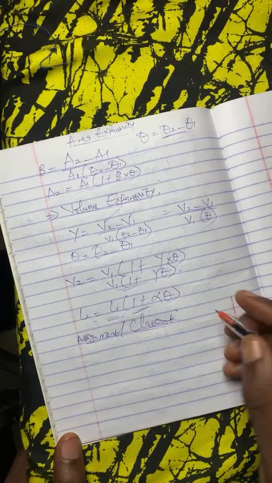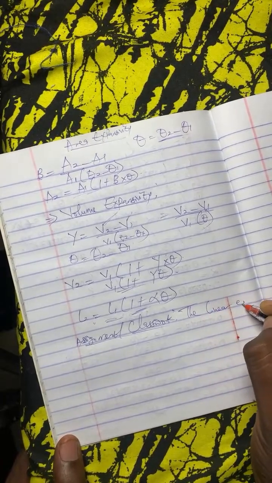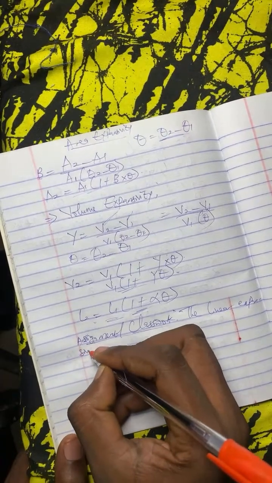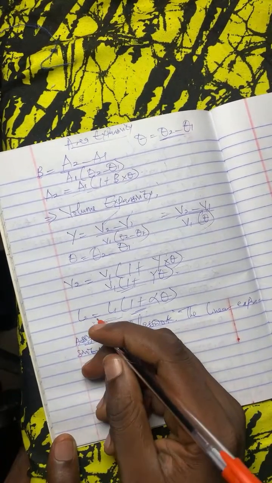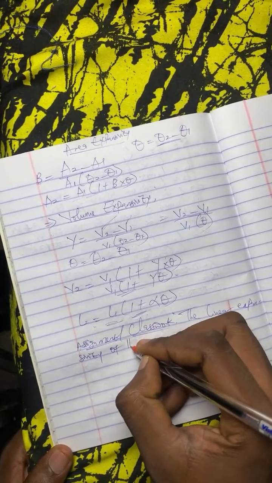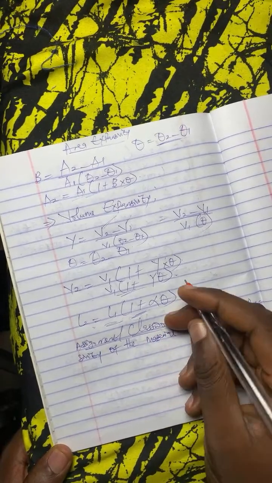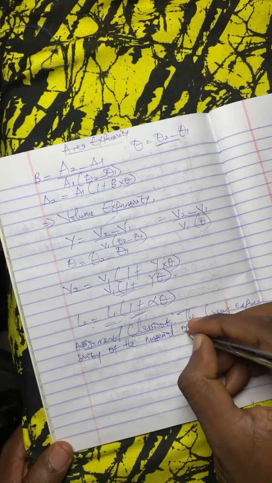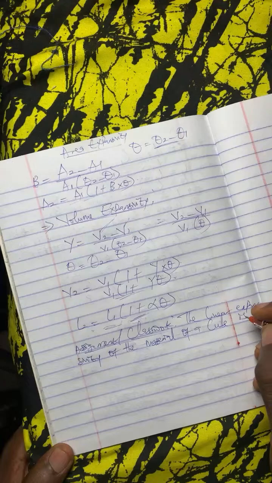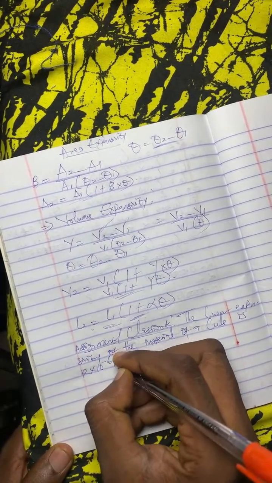Say the linear expansivity of the material of a cube is 12 times 10 raised to the power minus 6 per Kelvin.